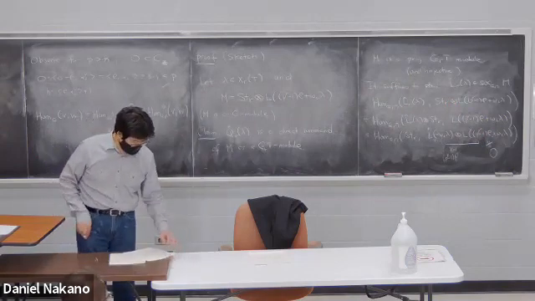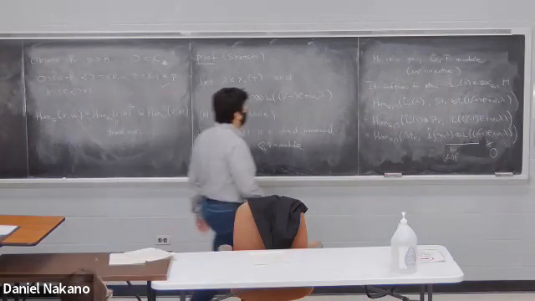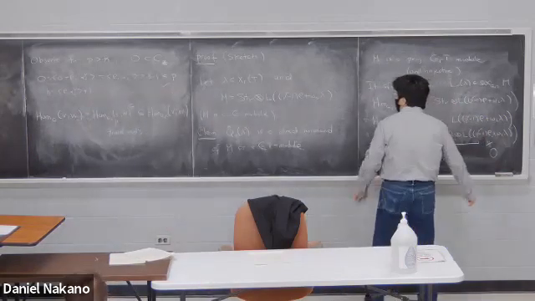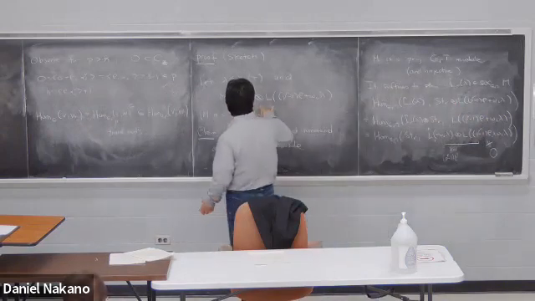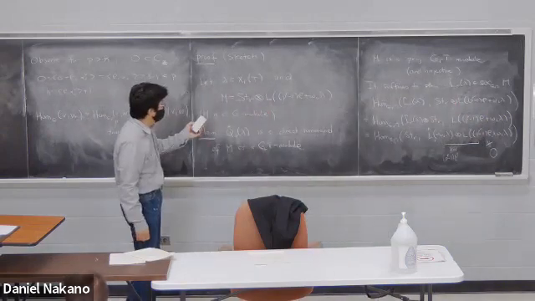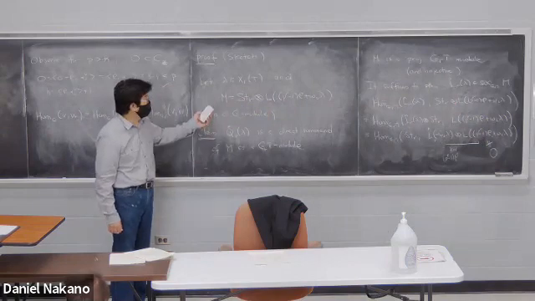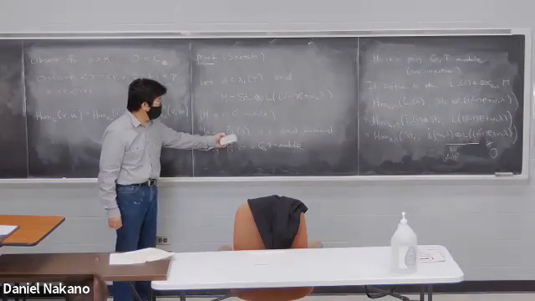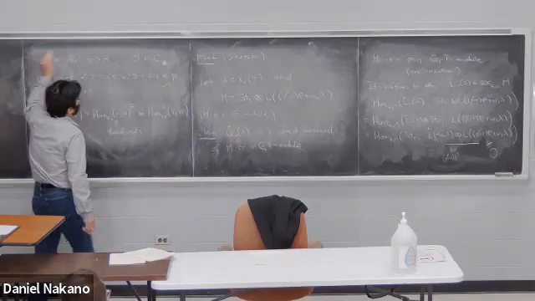Okay, so now we're on to step 2. What I need to do is, this is a G module, and I need to look at some sort of submodule inside of here, which is going to capture this. So that's the next step.